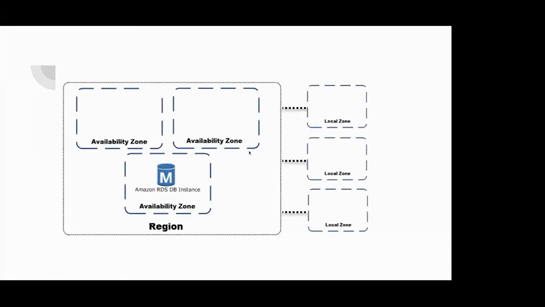To illustrate this, a region will have multiple availability zones, and in one availability zone you will have your resources. So for an example, RDS is the database server offering which AWS gives for SQL databases or relational databases.